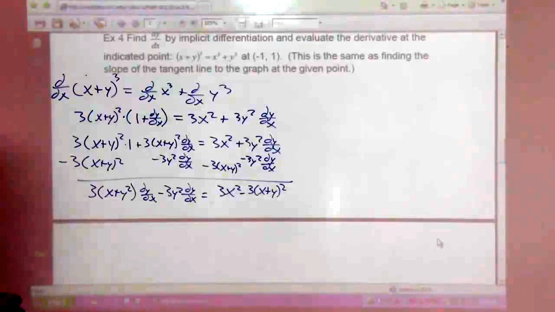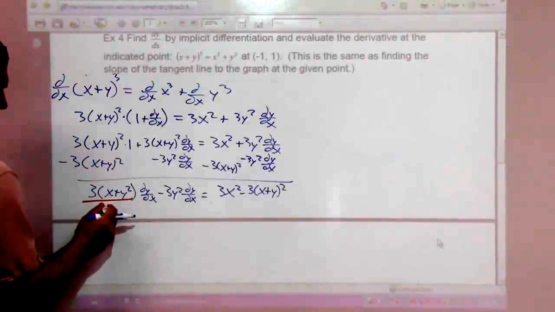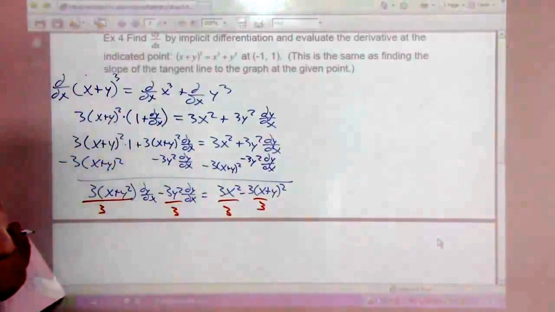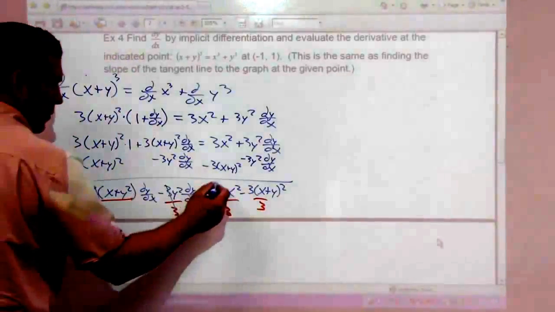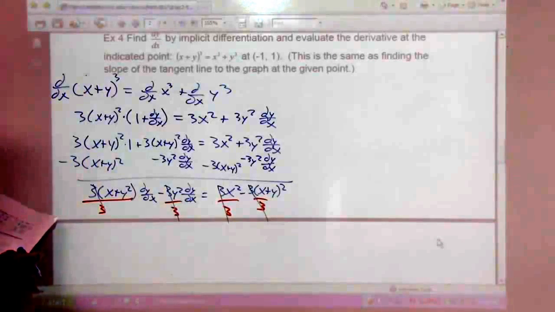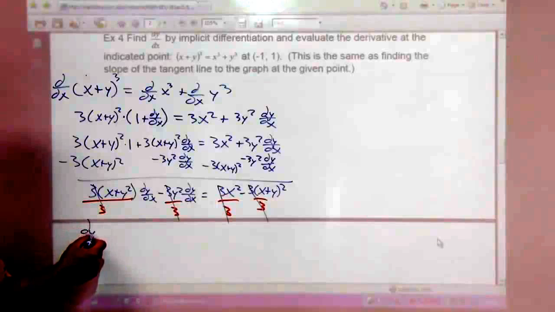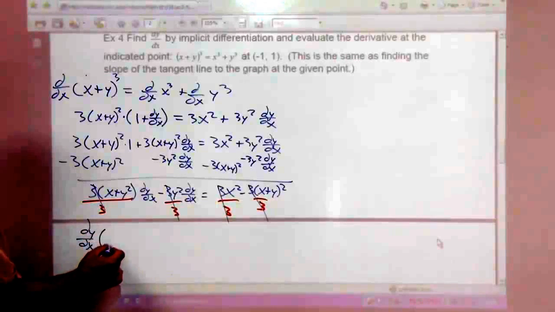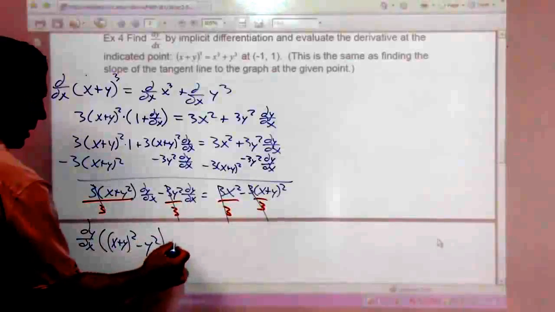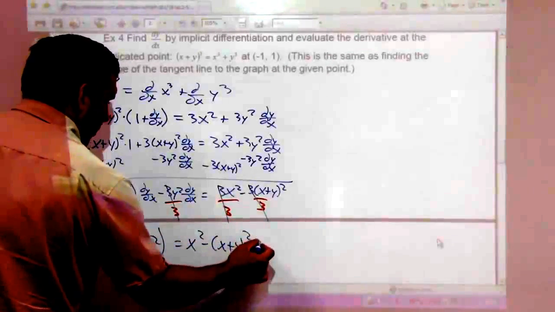Now, one thing we could do is divide all the 3's out. And then if we expand, well, let me factor out a dy/dx here. dy/dx times the quantity (x + y)^2 minus y^2 equals x^2 minus (x + y)^2.